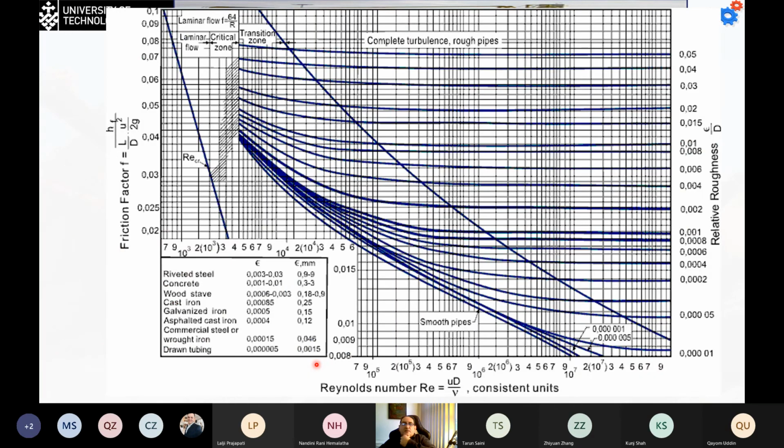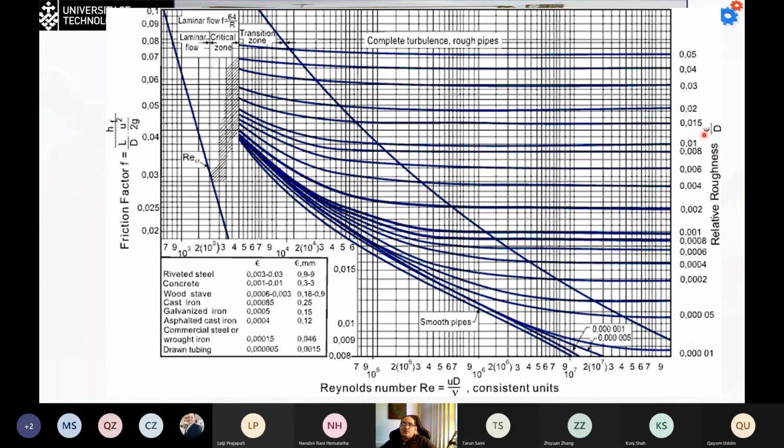You remember that Moody graph we're going to use a lot in the next two design procedures, for the pneumatic and for the liquid. In the Moody graph, what we need to find is two parameters, and then we can find the other parameters. The usual parameters we can find are the Reynolds number, because we can calculate that, and also the type of the pipe and its relative roughness.